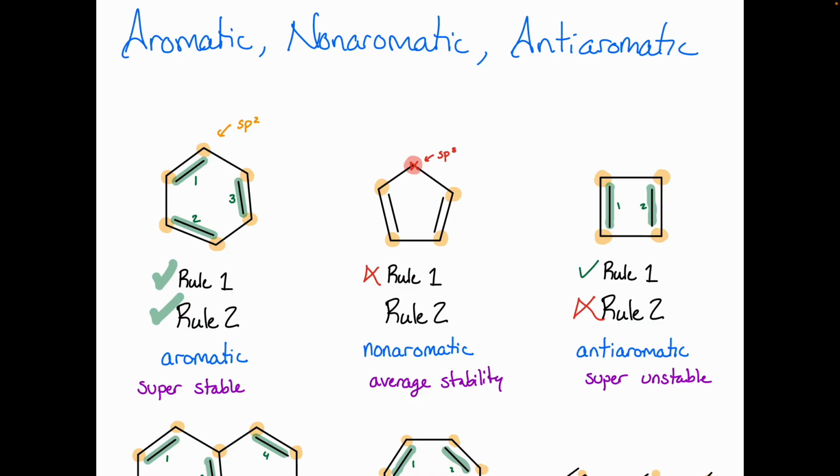If it fails that first rule, if we don't have a fully conjugated ring, we put that in the bucket of being non-aromatic. And if it passes rule 1 but fails rule 2, we put that as an anti-aromatic compound. And for right now, you're just trusting me that anti-aromatic compounds are super unstable, all right? But that's kind of all we did today, was lump these compounds into one of these three buckets based on those two rules, all right?